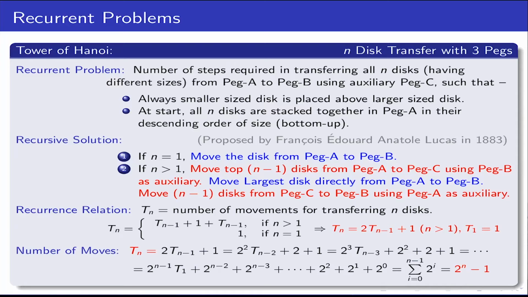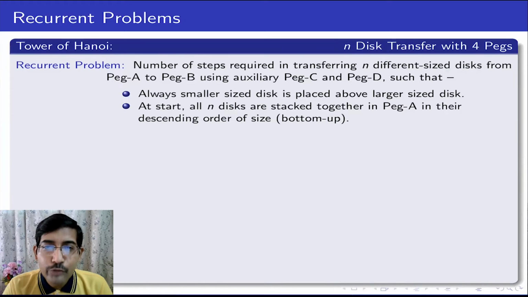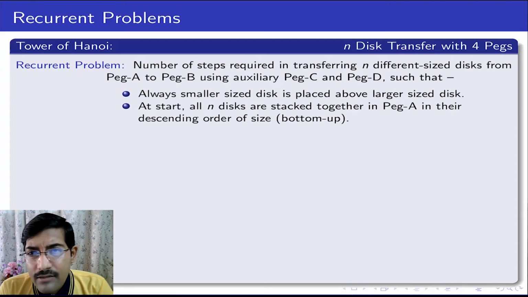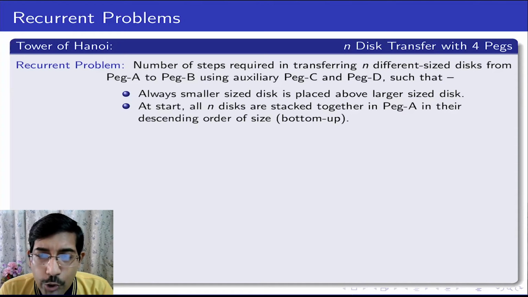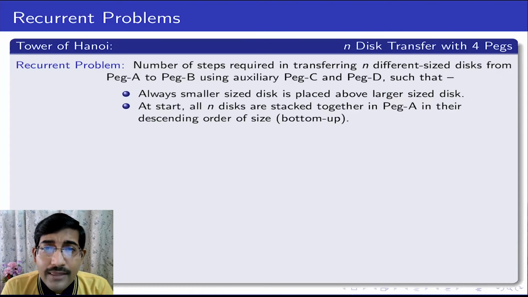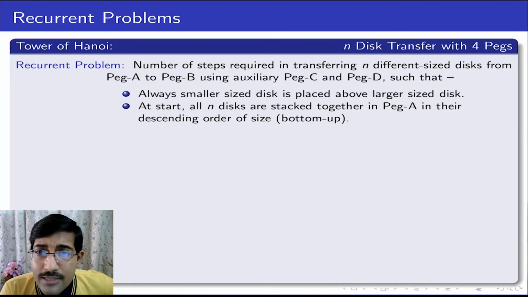Now let us try a little bit of a variant of this problem. Instead of giving you 3 pegs, if I had given you 4 pegs, is your solution going to improve, or is your recurrent thinking of solving the problem going to improve or not? So now you try to see that you have an auxiliary peg here which helps you to move certain disks in between and then place the other ones back, and this might reduce the number of steps.